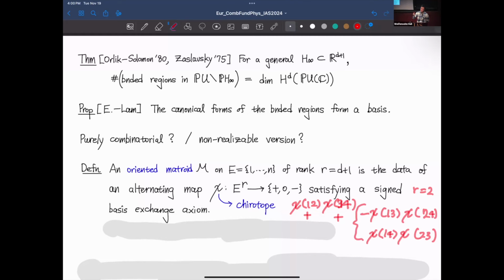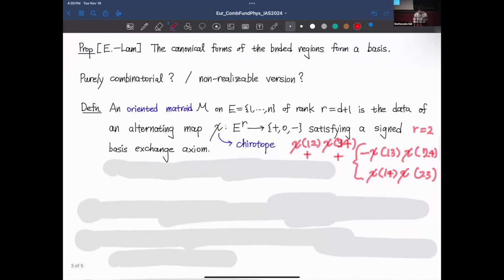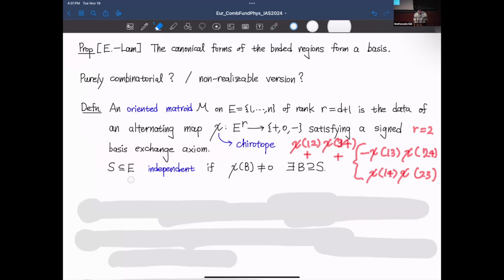So there is some sort of basis exchange that one requires that also takes into account signs, and it's a purely combinatorial condition that one can write down, and that defines what an oriented matroid is. And one terminology is that a subset is said to be independent if it belongs to some sequence of elements where the chirotope is non-zero.